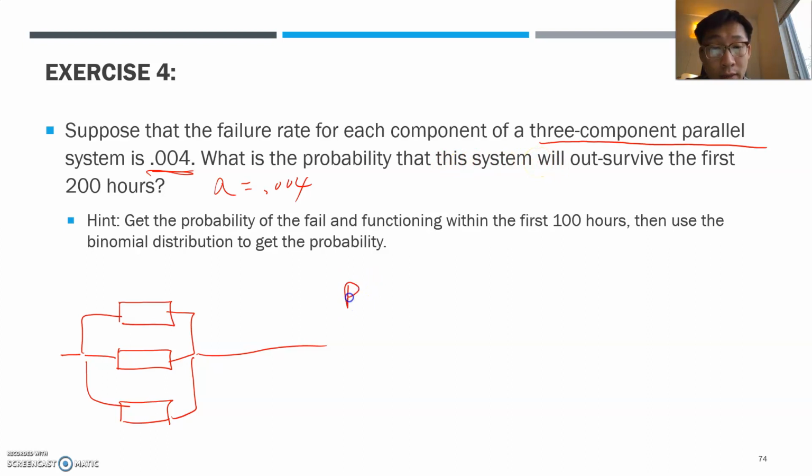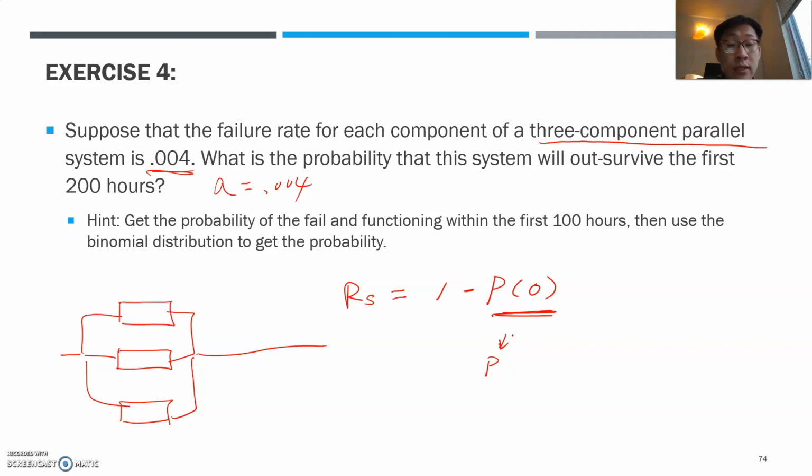This is the reliability of the system. This is going to be 1 minus P0, exactly 0 working out of 3 components. But for that, you need to know P, the probability of success, and for that, you need to rely on lambda t. I hope you got the idea.